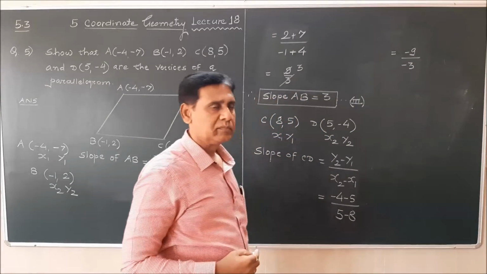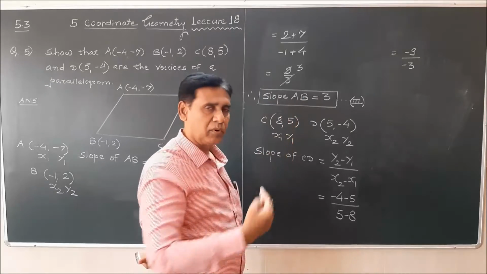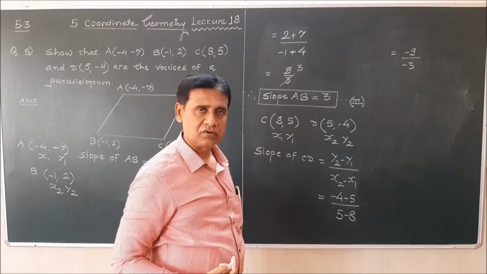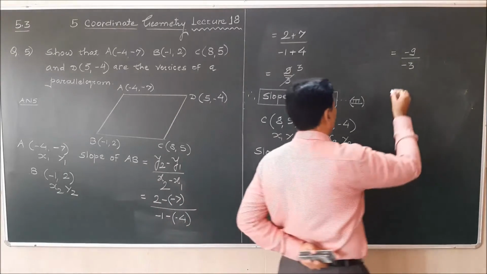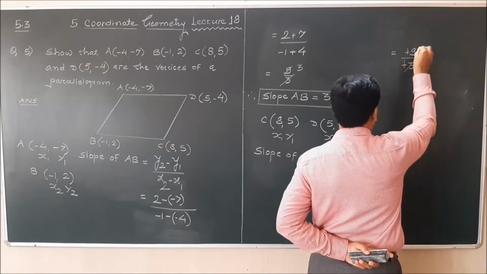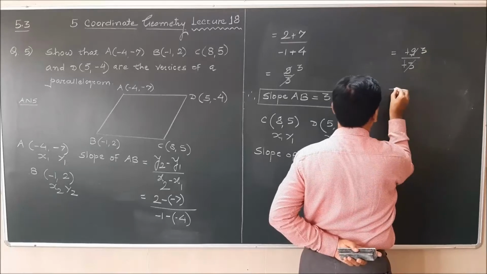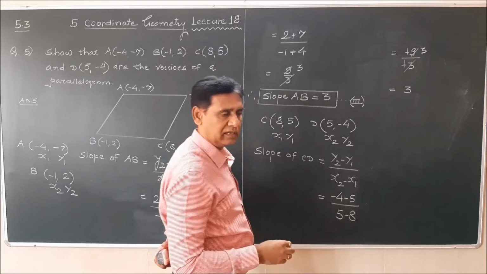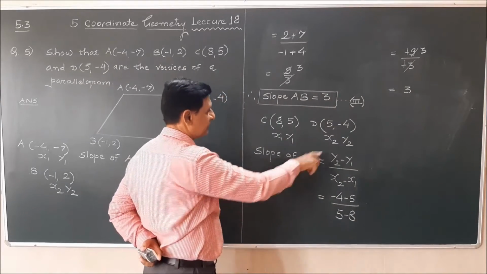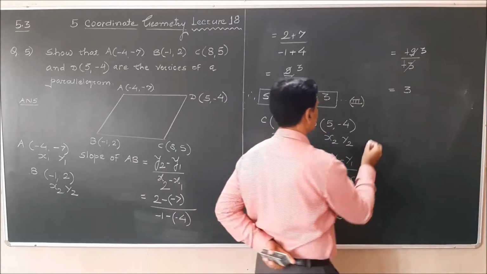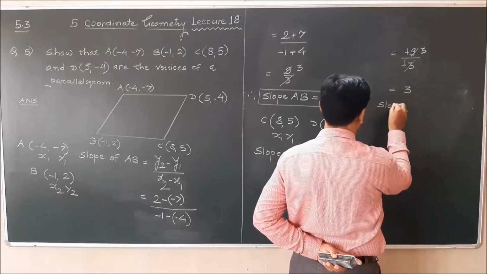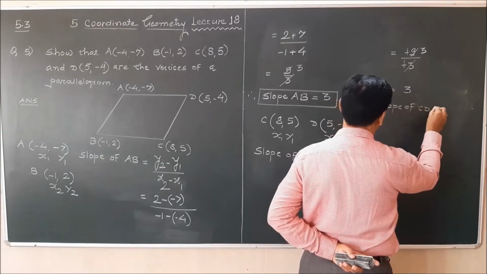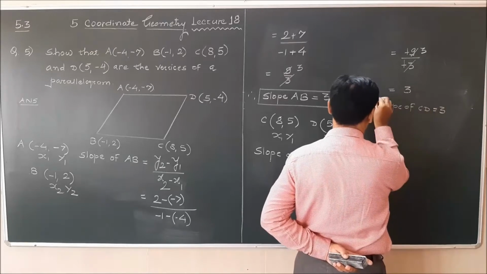In the next step, minus upon minus. So the minus sign from numerator as well as denominator will get cancelled and we'll get 3 is 9. So our answer is 3. The slope of CD is also 3. The slope of CD is equal to 3.